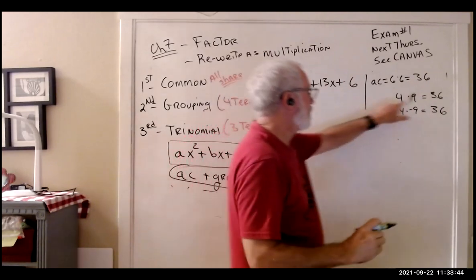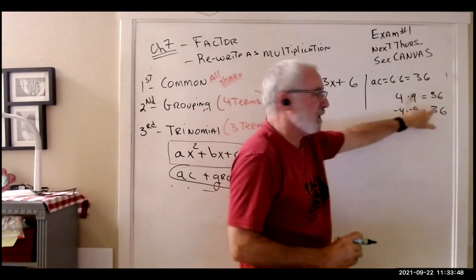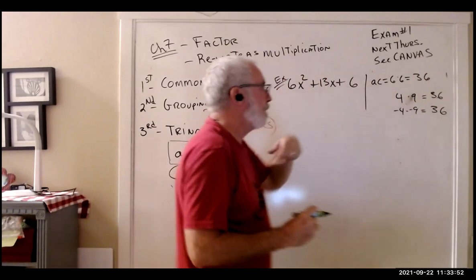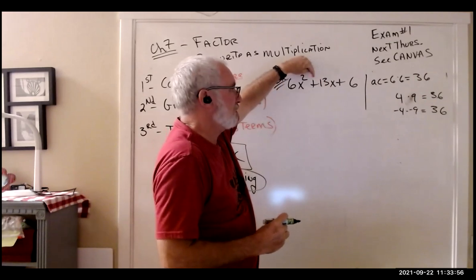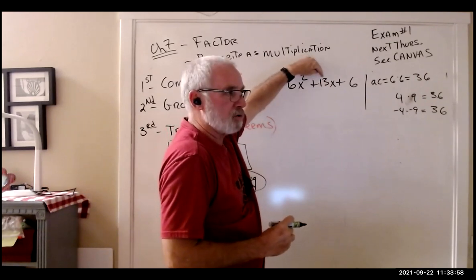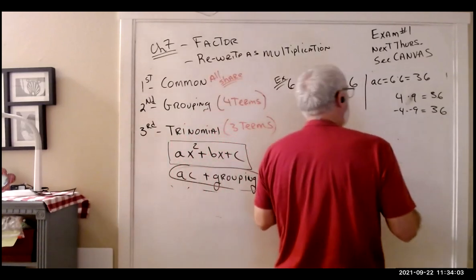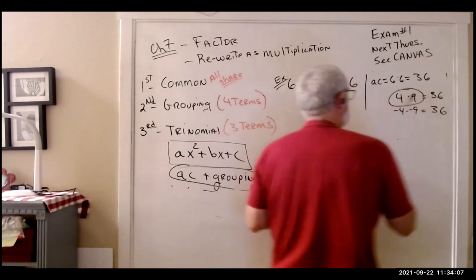Okay, 4 times 9 is 36, positive, positive. -4, -9 is -36. But wait, we want them to add to a positive 13. That's what that says. So which ones are we going to use? Anyone? 4 times 9. Yeah, you're going to use those.